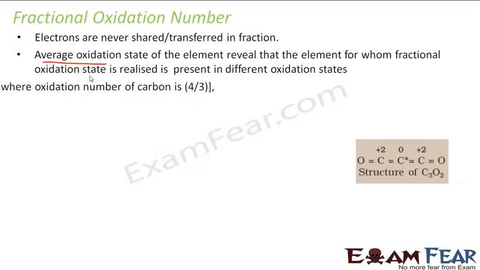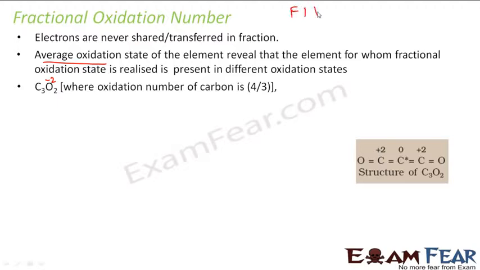We'll take some examples. For example, in C3O2, if you try to find the oxidation state of carbon, oxygen will be -2, and we apply the same principle. This is not a free element, these are not ions, and oxygen is here, so it will become -2.